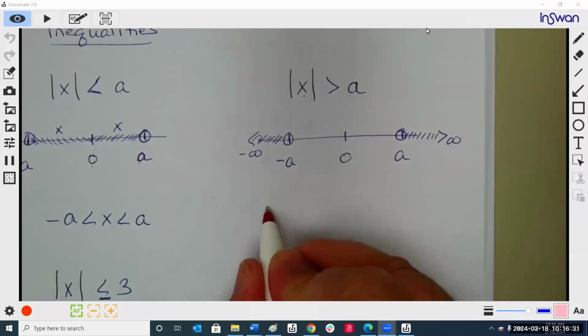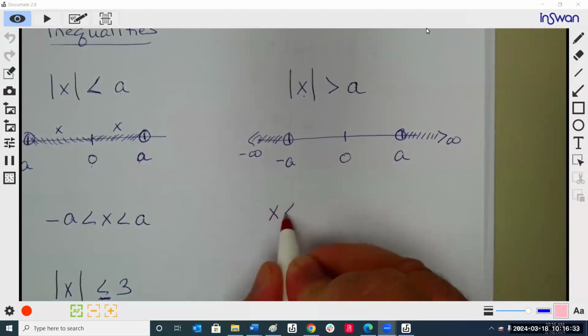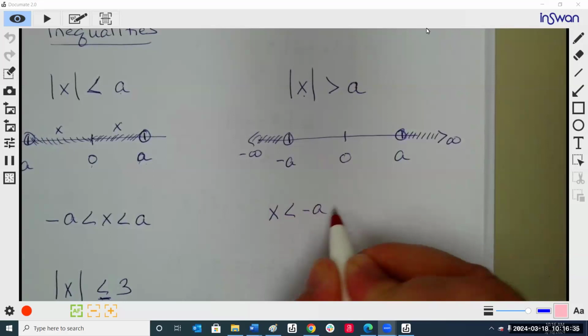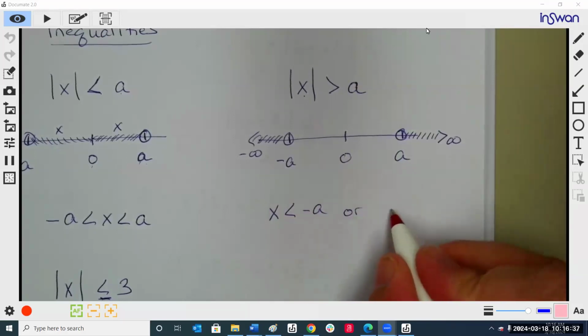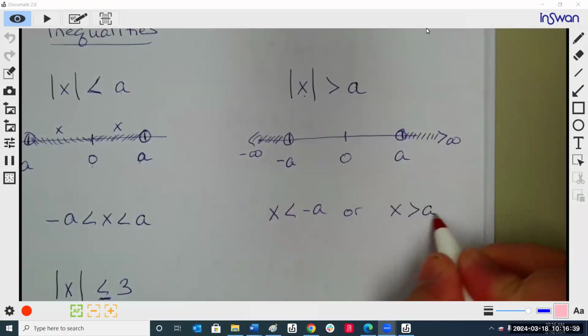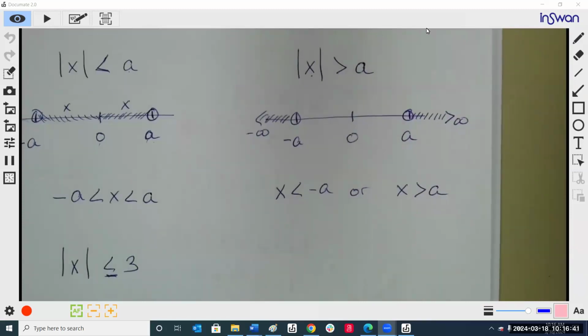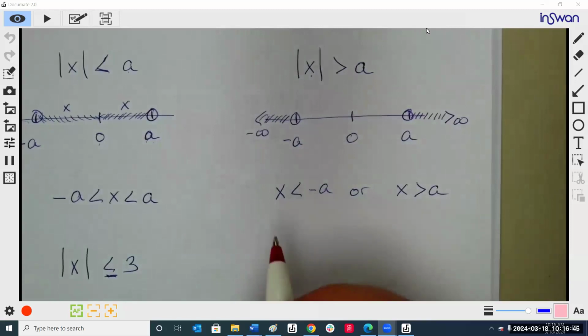So this one looks like x is less than negative a, or x is greater than a. And remember, we also have the interval notation.